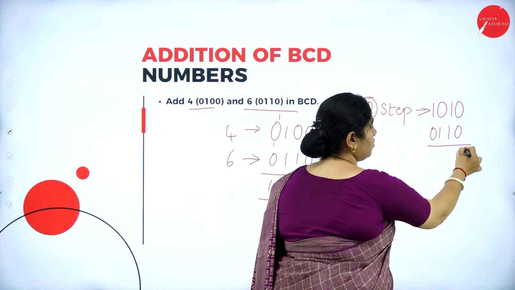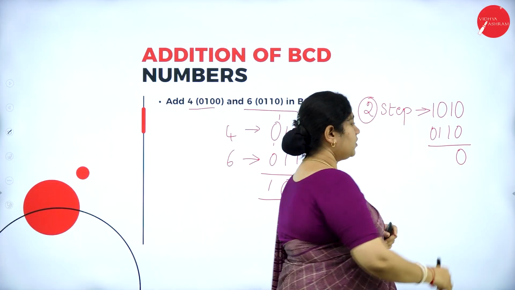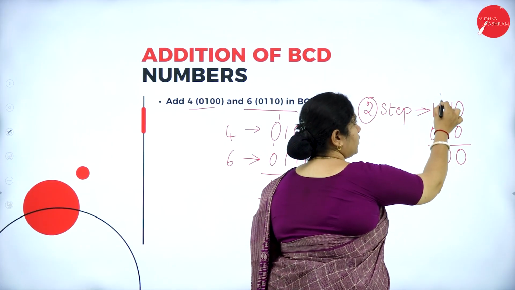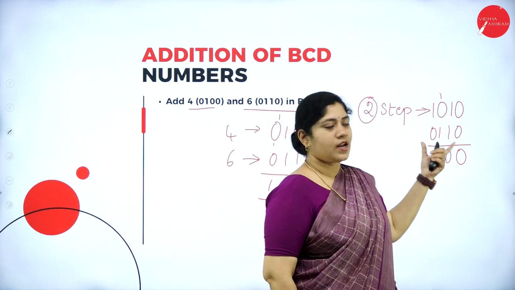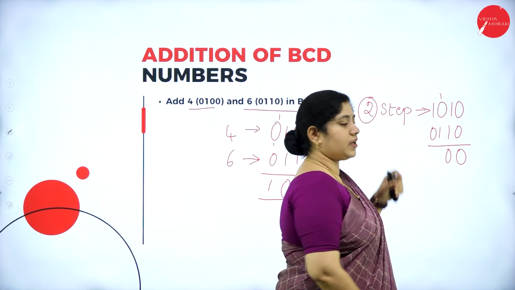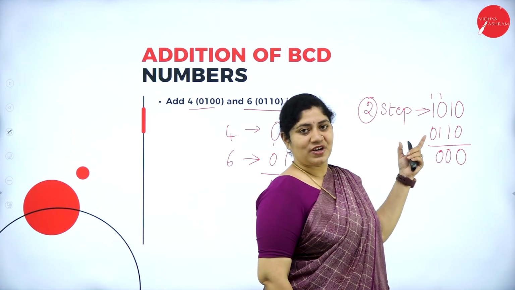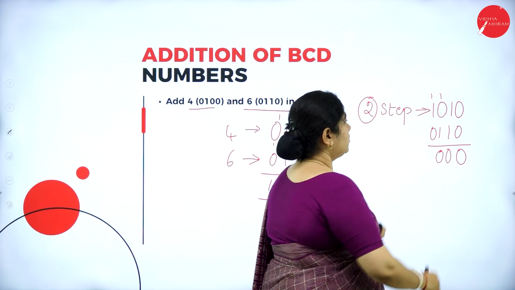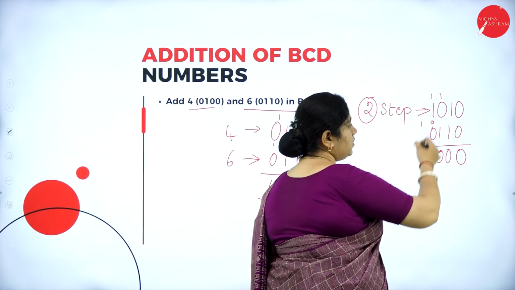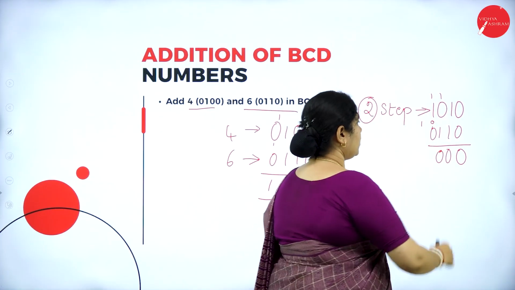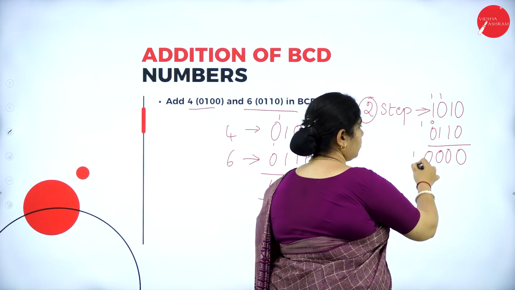0 plus 0, it's a 0, alright. 1 plus 1, sum is 0, carry is 1. 1 plus 0, 1. 1 plus 1, it's again a 0, followed by carry 1. Again 1 plus 1, I'll be getting a 0 with a carry 1. Now 0 plus 0, I'll be getting a 0 followed by 1.